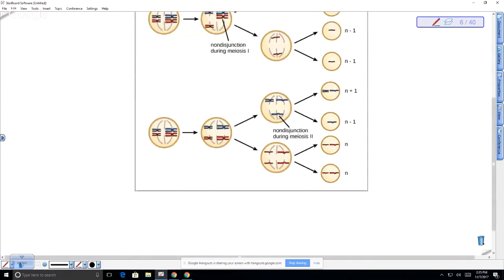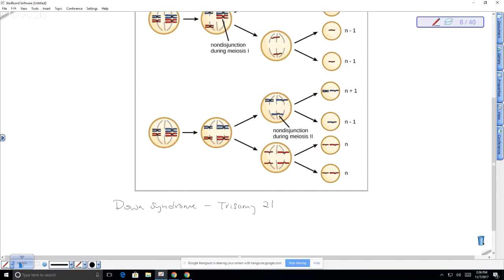So the question is, when we talk about Down syndrome, which is trisomy 21, that means they have 3 copies of the 21st chromosome. Why does that tend to be more common in females as they get older? As you get older, your risk of having a baby with Down syndrome increases dramatically. There are a couple of hypotheses for this.